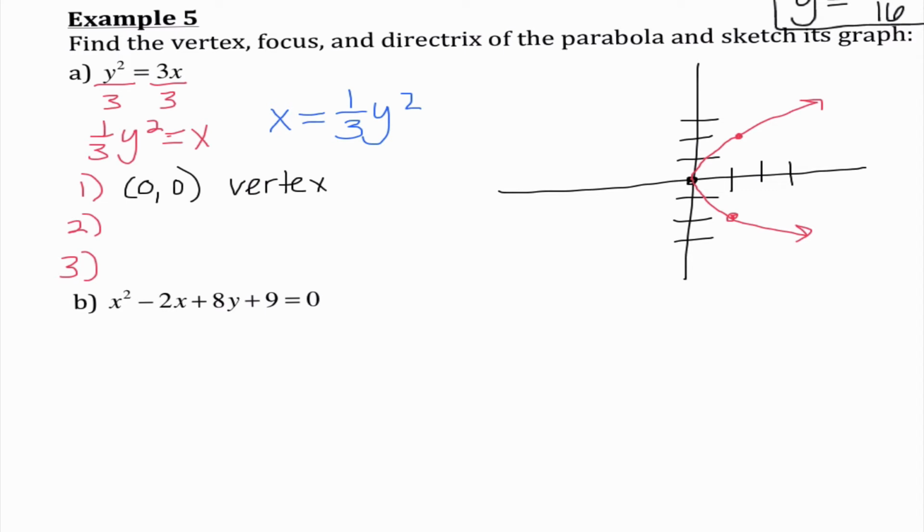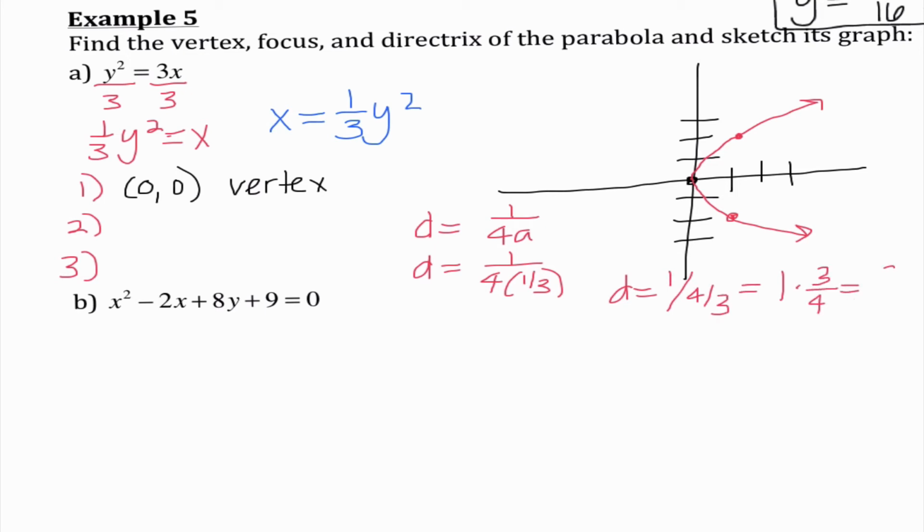Now, the final thing that we really need to do here is determine what the focus and the directrix are. So I'm going to use that formula, d equals 1 over 4a. Notice we actually know what a is this time. I know that a is 1/3. So d equals 1 over 4/3, which would be like 1 times 3/4, which is 3/4.